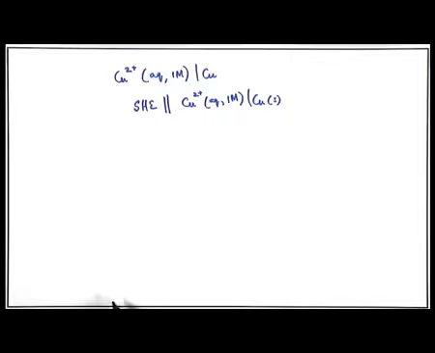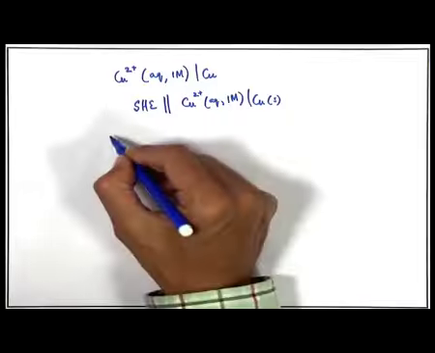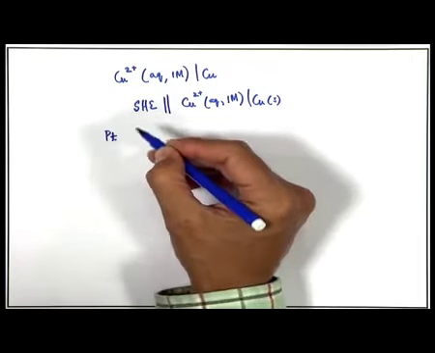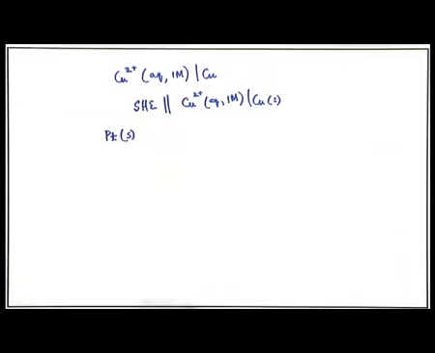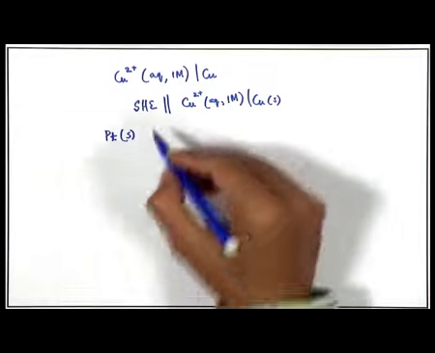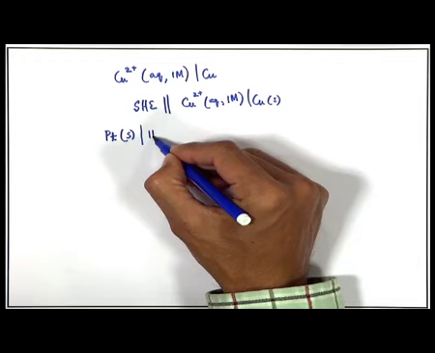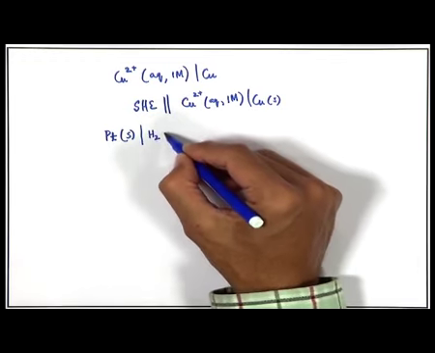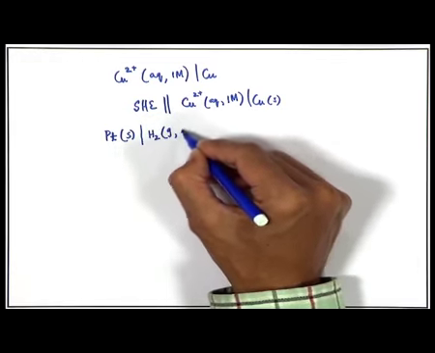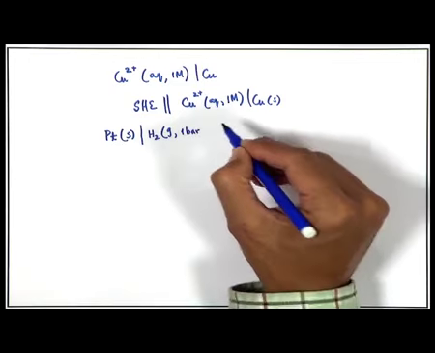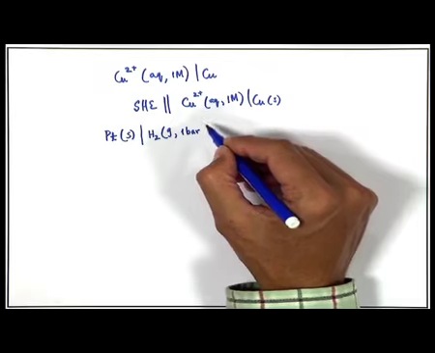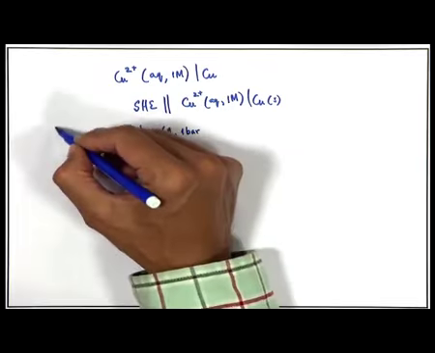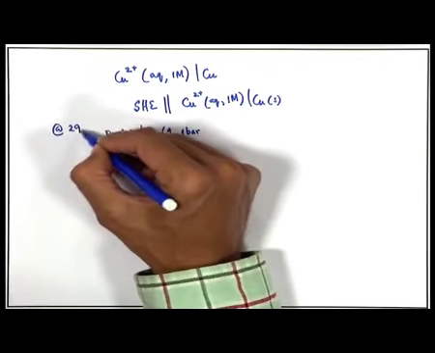More explicitly, Pt platinum solid, the platinized platinum electrode, then you pass pure hydrogen gas at 1 bar pressure, and do all the measurements at say 298 Kelvin.